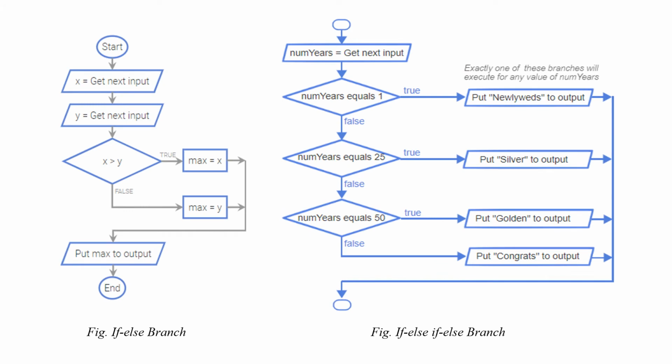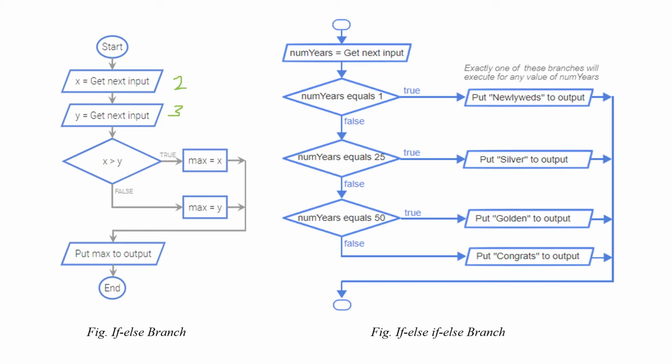This is the if else branch. It starts here. Let's say it has two inputs. The user gives the input x and y, and let's take an example. Let the value of x be 2 and the y be 3.